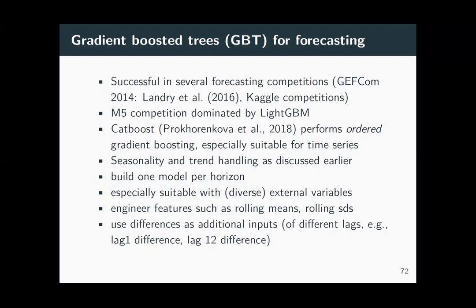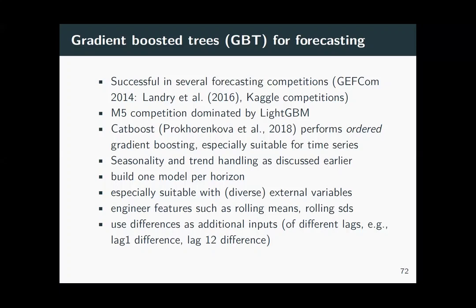LightGBM is still usually our go-to method. Yeah, seasonality and trend handling as discussed earlier, like Fourier terms, window-wise normalization. You build one model per horizon or for a subset of horizons, and then you roll that out if you need more.